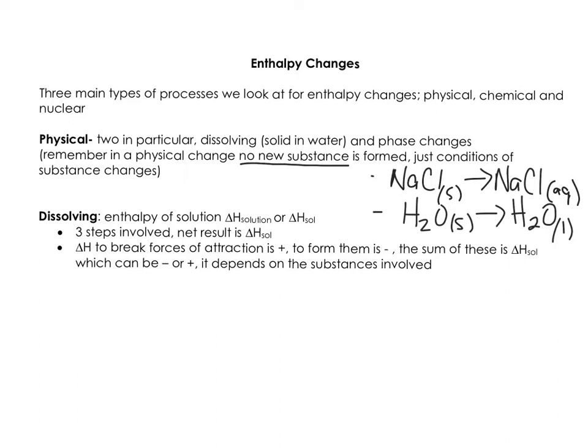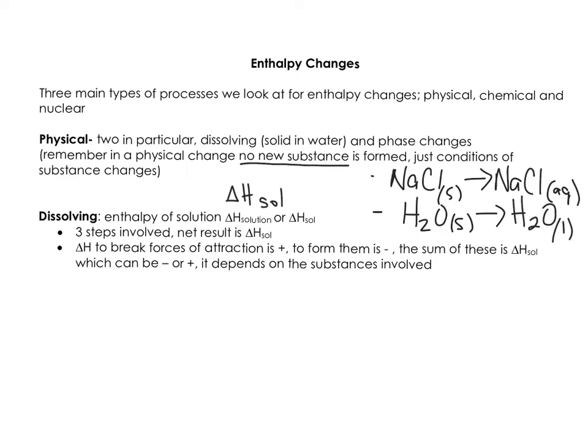Okay, so dissolving. We call this the enthalpy of solution. So we have a change, the delta part, change in enthalpy, and it is given a subscript to indicate what type of change is happening. So this is dissolving, so it's called solution. So there's 3 steps involved in dissolving any solid, and the net result, the sum of those changes, is the molar enthalpy of solution.